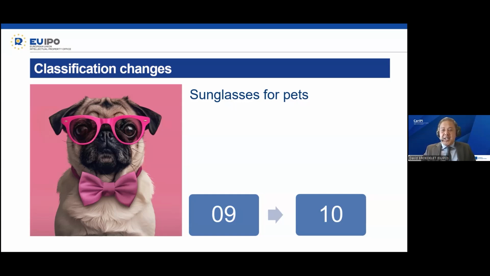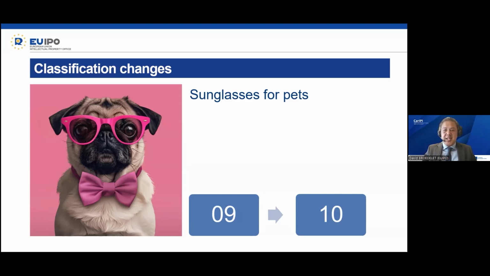Class 10 includes surgical, medical, dental, and veterinary apparatus, and articles used for diagnosis, treatment, or improvement of functional condition of persons and animals.